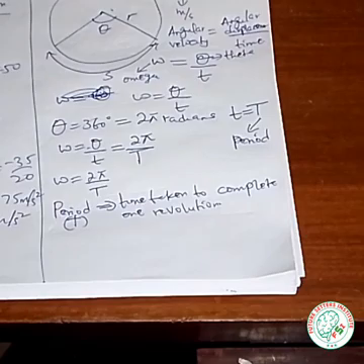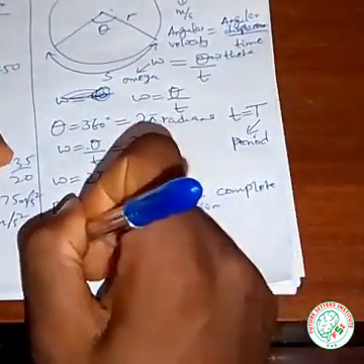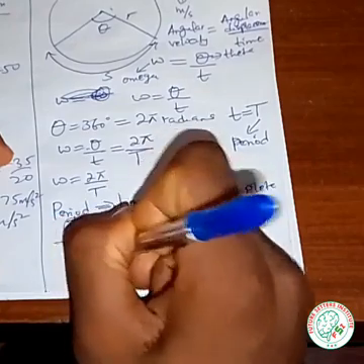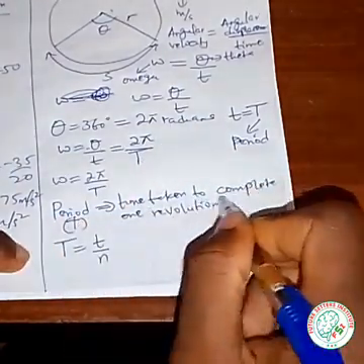So the time it takes to complete one revolution is called period. We can say period, T, is equal to t over n, because we're saying the time taken to complete one revolution.